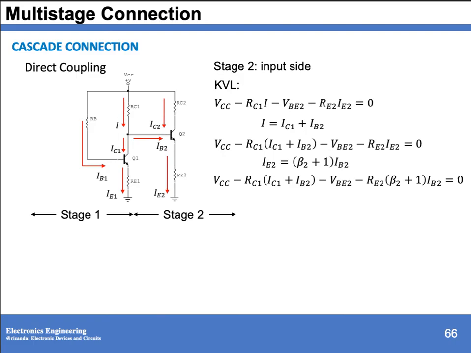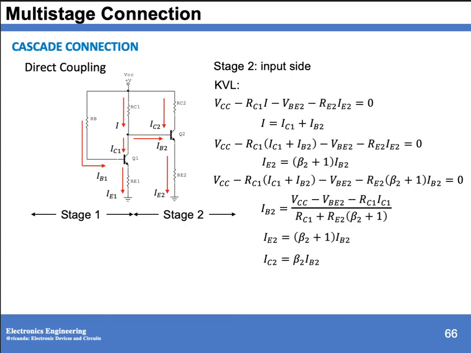Remember, IC1 already has a value in the previous slide. So IB2 is equal to VCC minus voltage base emitter 2 minus RC1 IC1 all over RC1 plus RE2 times beta 2 plus 1. And IE2 is beta 2 plus 1 IB2.